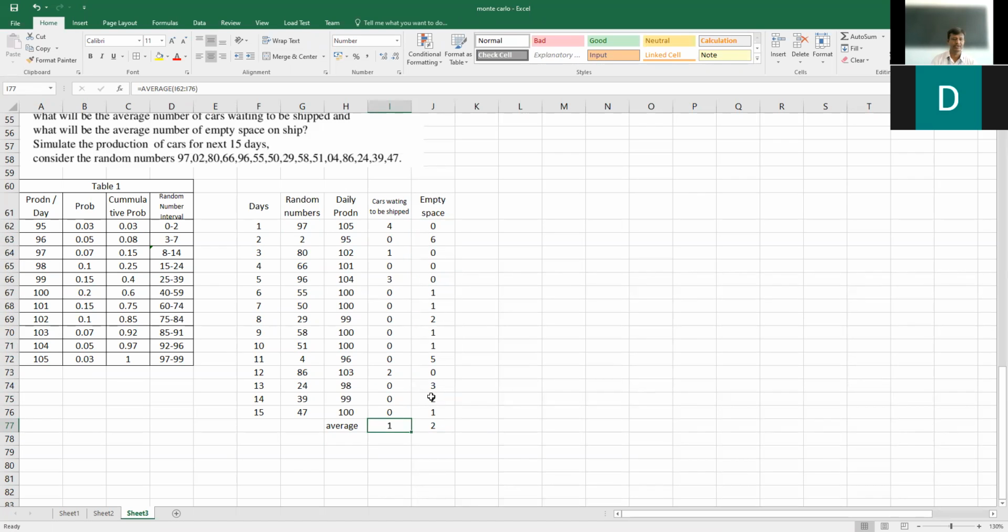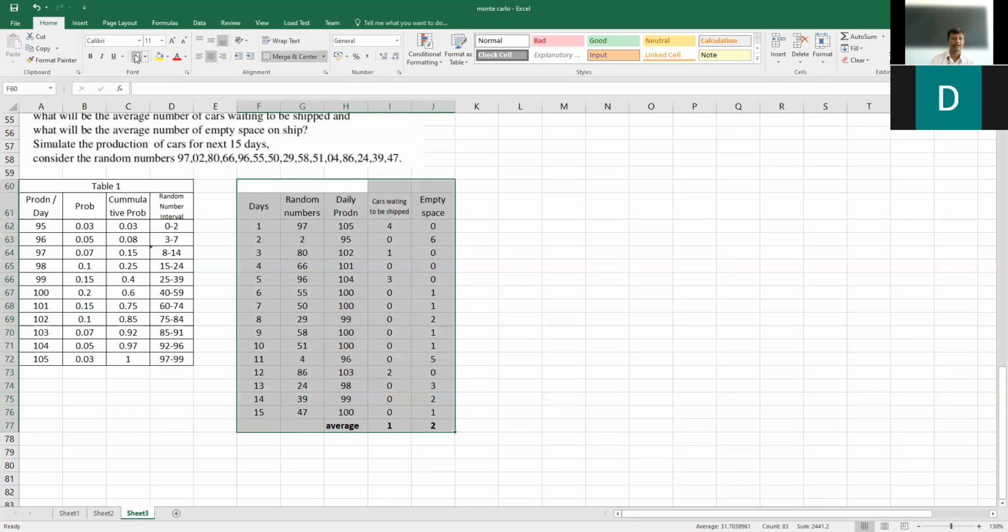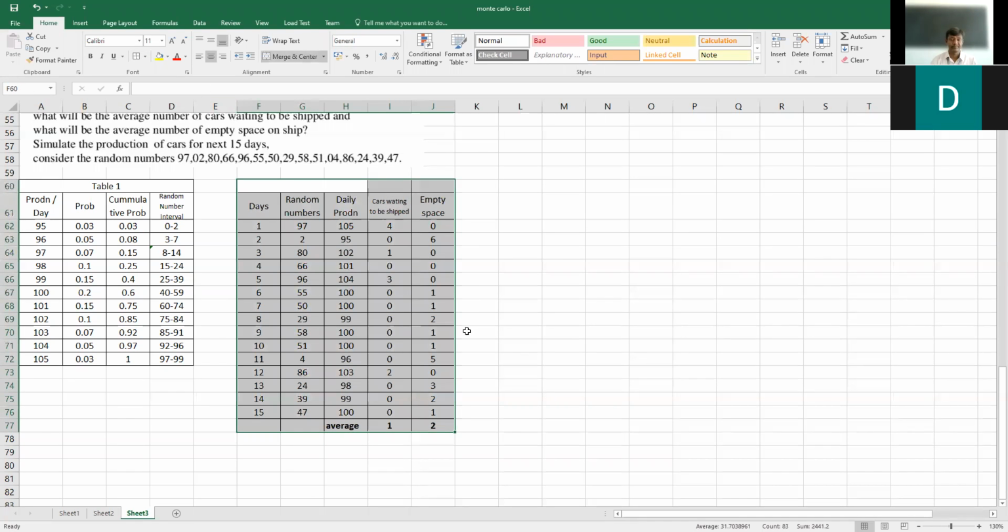So this is the answer for the given case: the average number of cars waiting in the system and the average number of empty space existing in the system. We have generated the demand, I mean the production, for the next 15 days.